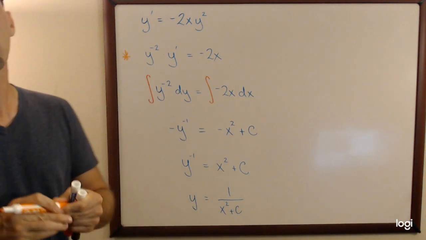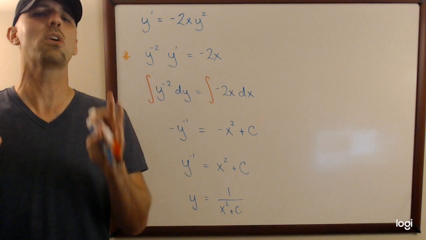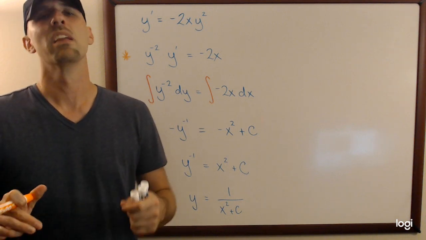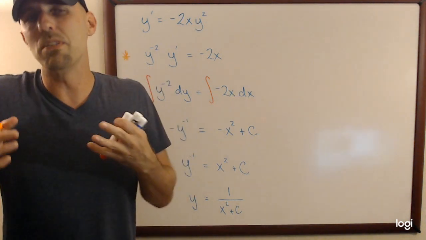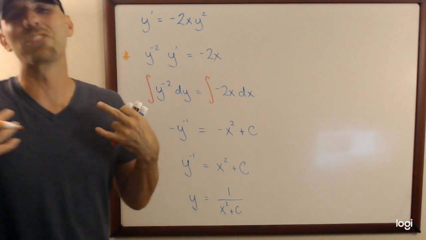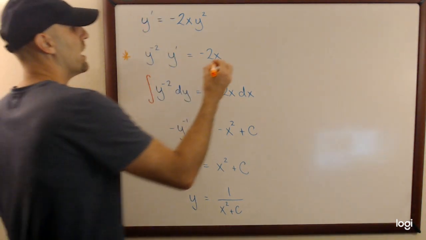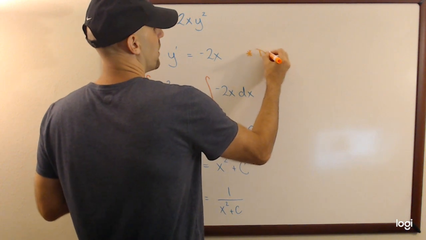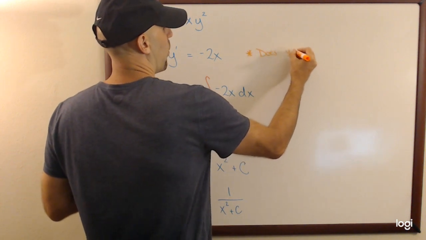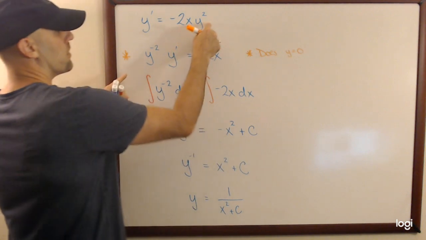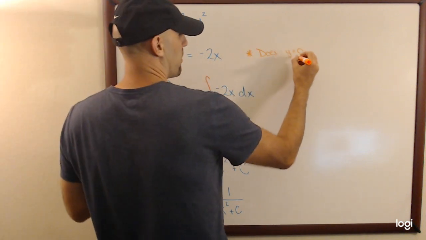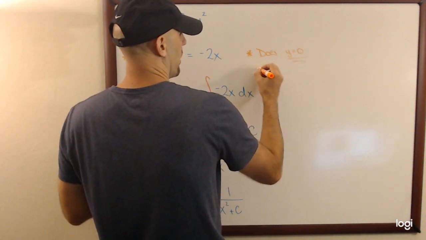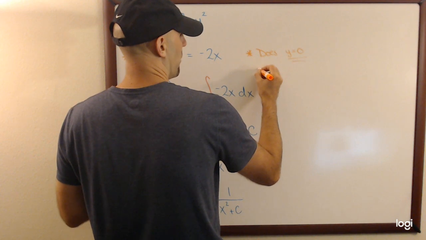You need to be aware of this whenever you're separating your equations. You might end up dividing by something that may end up excluding a solution. So here I have to note and ask myself, does y equal 0? Because remember, dividing here, that's the one I'm excluding. Does y equal 0 serve as a solution?